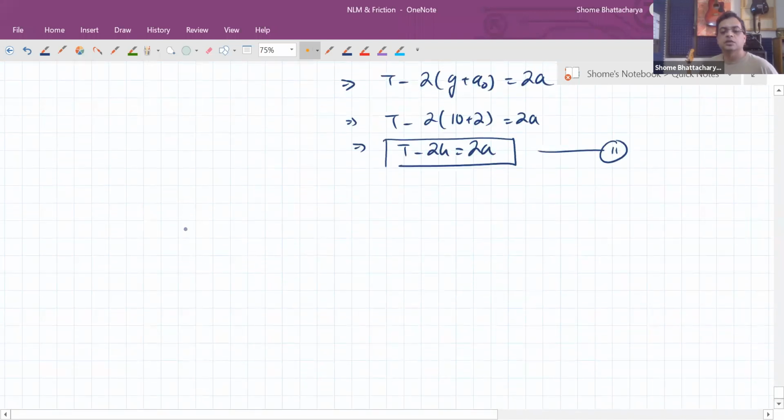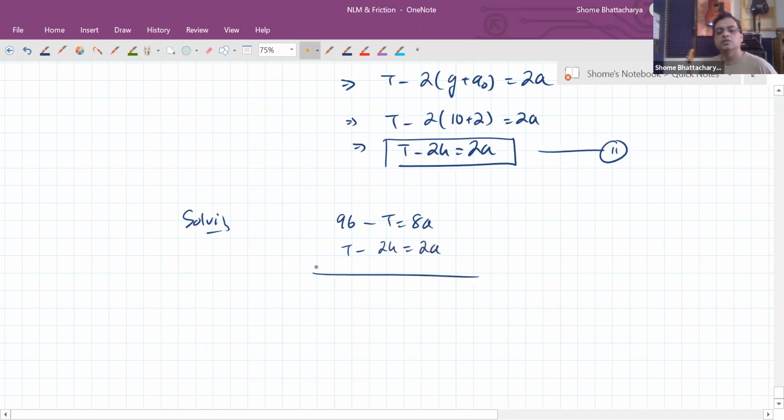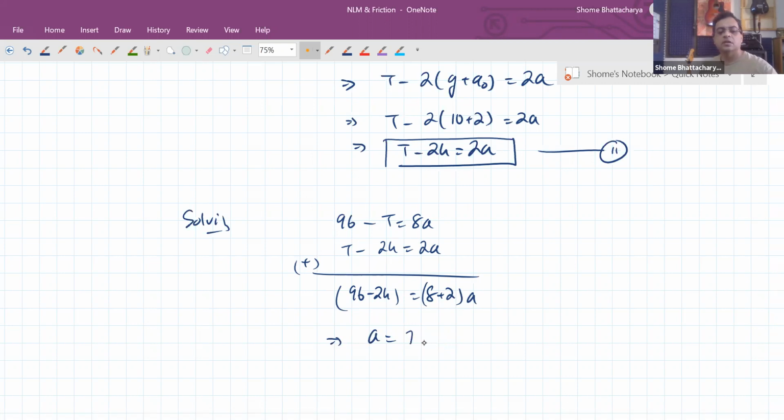Okay. So solving, we had 96 minus T was 8A, and we have T minus 24 is equal to 2A. So just add the two equations. So we have the acceleration comes out to be 7.2 meters per second square.